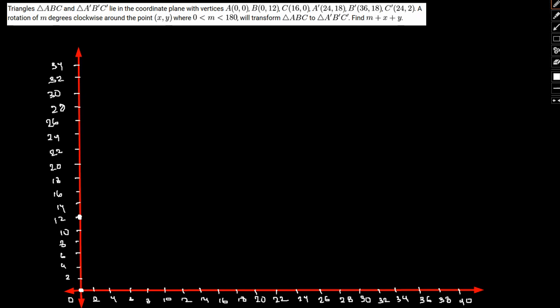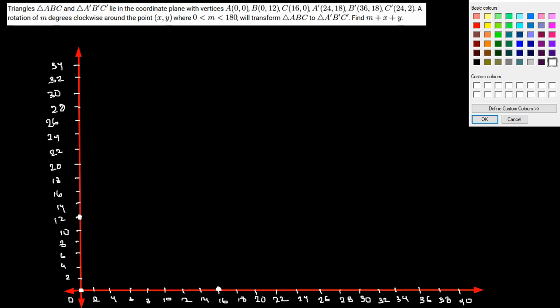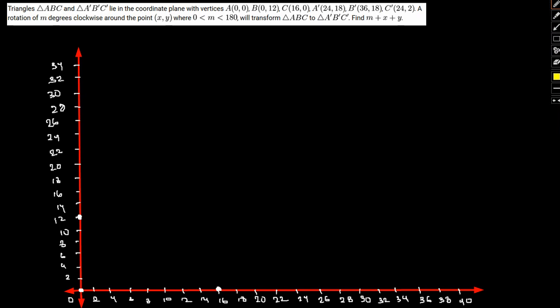And point C is at 16, 0, so this is point C. So let me just draw this triangle here. This is my triangle: here we have A, this is B, and this is C.